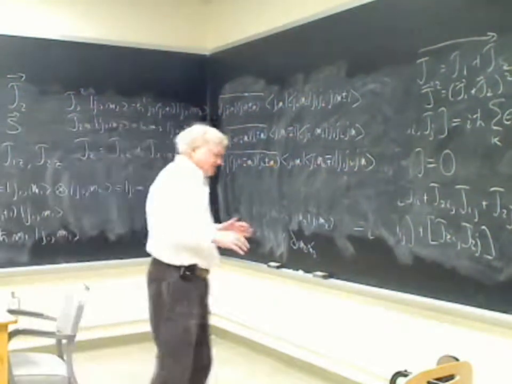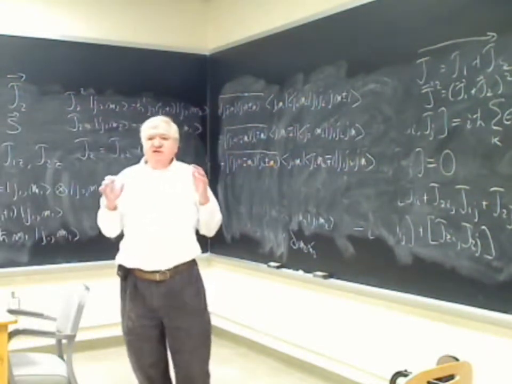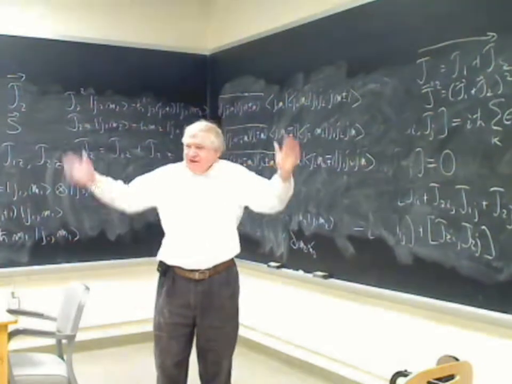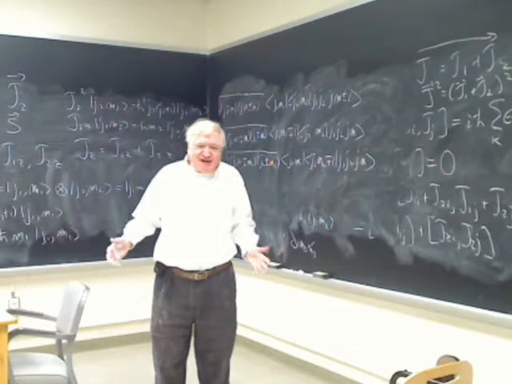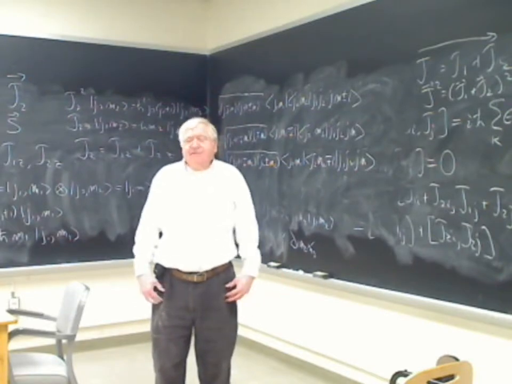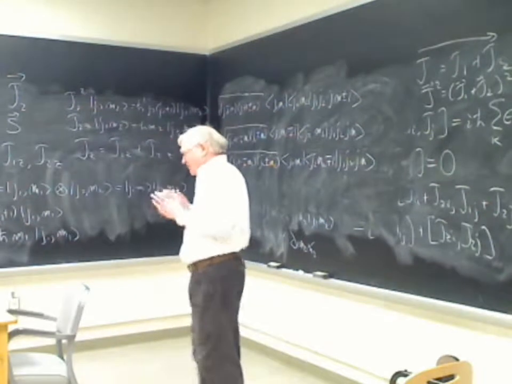Next time, I'll do some examples for you. When I do the examples, you'll say, why did he make it so complicated on Monday? So it'll become simple when you see the examples.